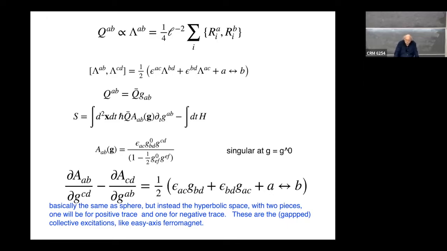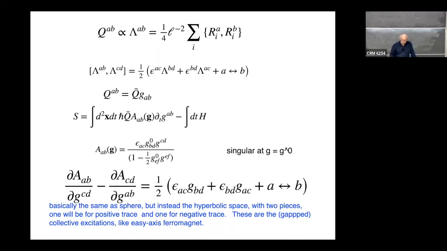The Dirac potential is very similar. I have to choose some arbitrary metric, call it G0, where the singularity is going to be. The metric is just a way of a coordinate on the hyperbolic plane. And depending on the sign of the trace, it's either the upper one or the lower one of the two. So again, it looks like a Dirac potential.